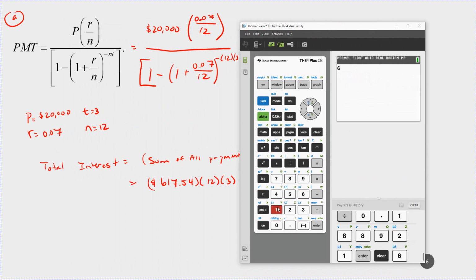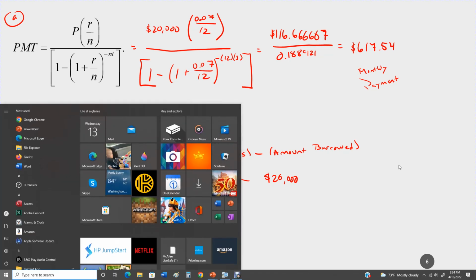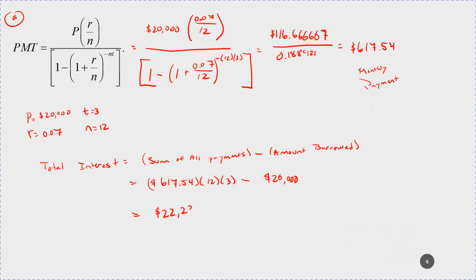So I'm going to take my $617.54 times 12 monthly payments times 3 years. So my total payments, I paid $22,231.44, minus 20,000.